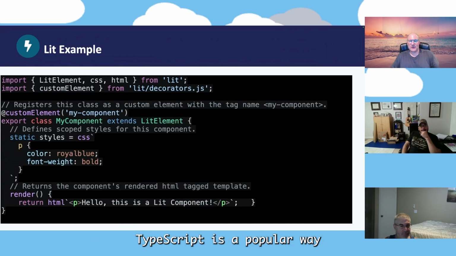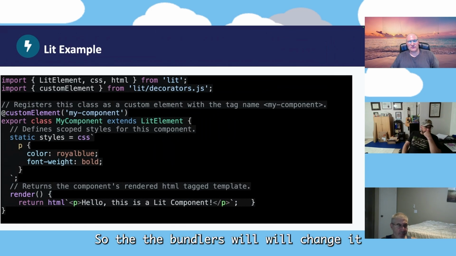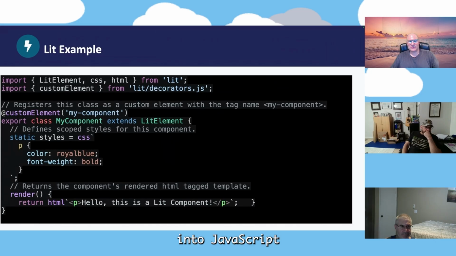TypeScript is a popular way to create static types like a string or a number and tell the IDE what to do. Your IDE is your development environment, and then that becomes JavaScript. So the bundlers will change it into JavaScript and get it ready for your website.